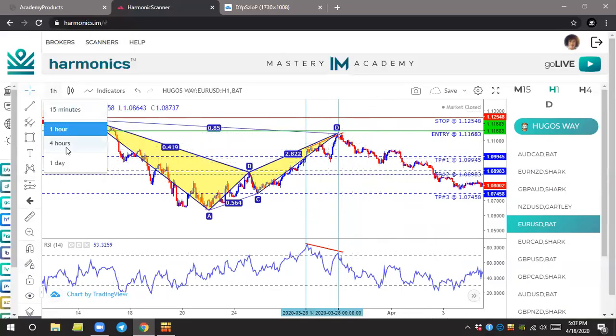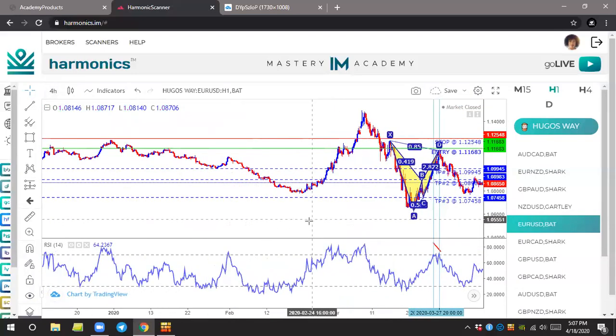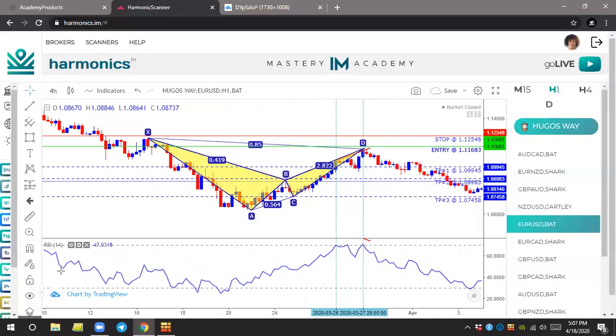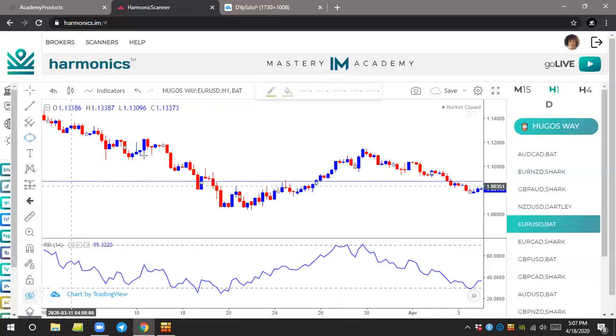If you need a little bit more confirmation, we can go to the 4 hour, right? For the 4 hour, we can see how it looks. So here goes D entry, right where that line is at. If we take it all away, here goes our D entry. And if we look to the left, look at what we have right here, a bearish order block on the 4 hour, guys.